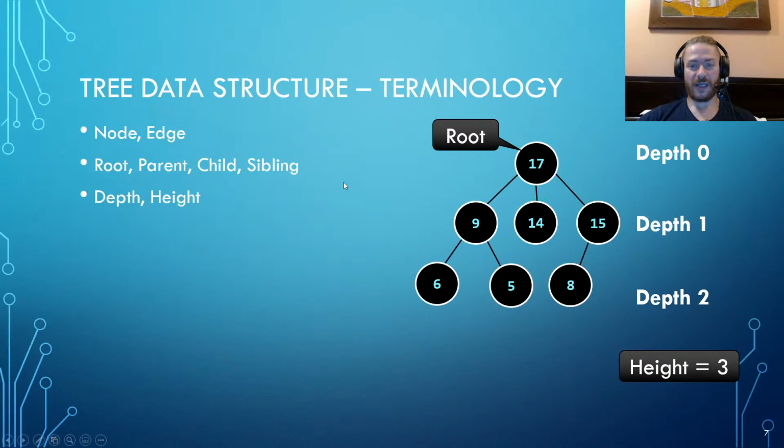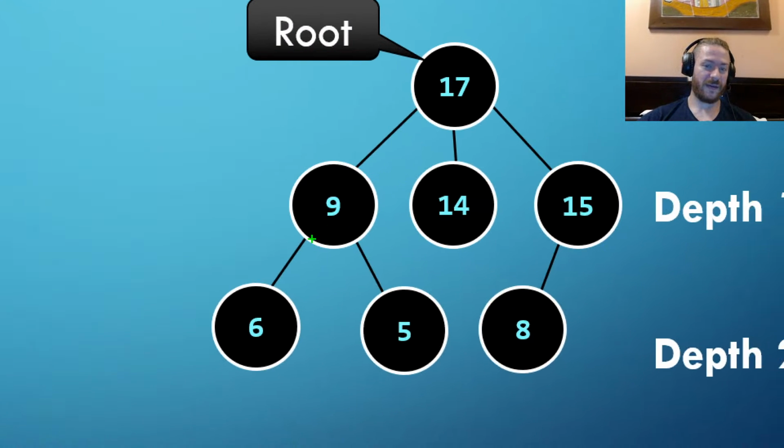We have a sibling. A sibling means that if a node is on the same level as another node, if they have the same parent, they're on the same level. For example, 9 and 14 here are siblings because their parent is 17.